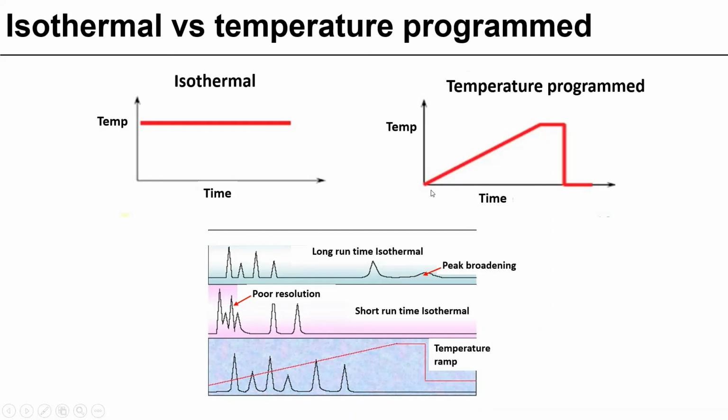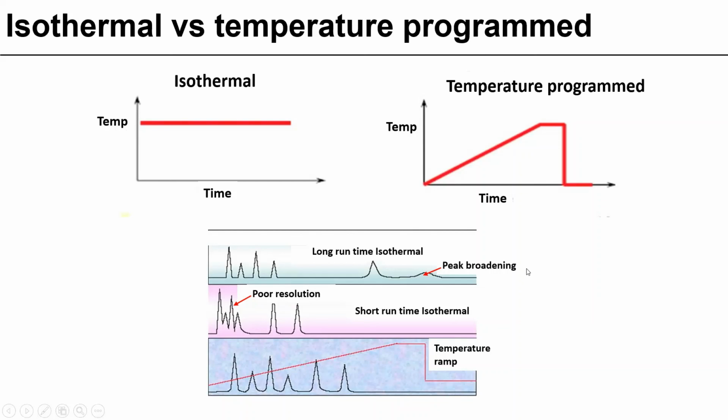Or you could have a ramped temperature program. In this case, you're going to change the temperature over time, and you can have multiple ramps and hold times in here. So this has a single ramp up to a high temperature, and then it holds for a certain amount of time. And then the run ends and the temperature comes back down to its starting point.